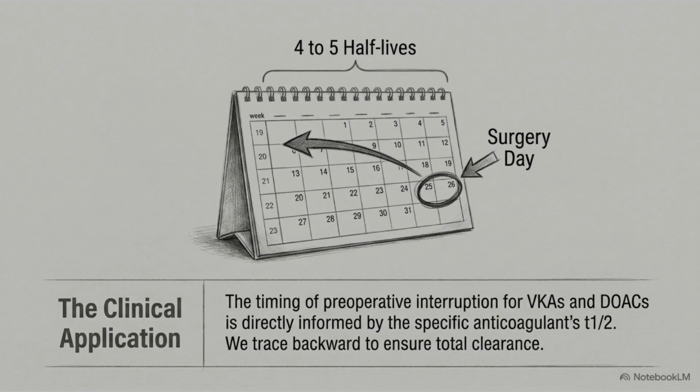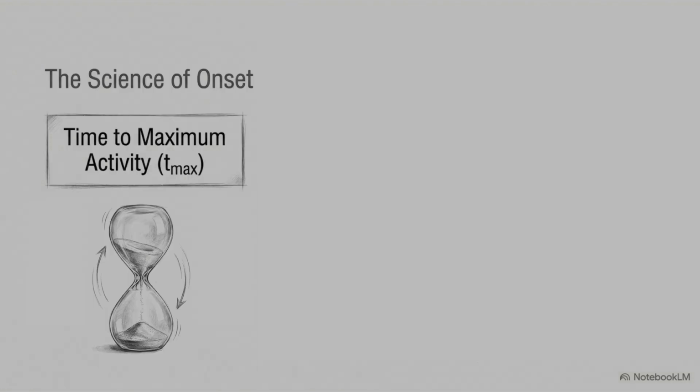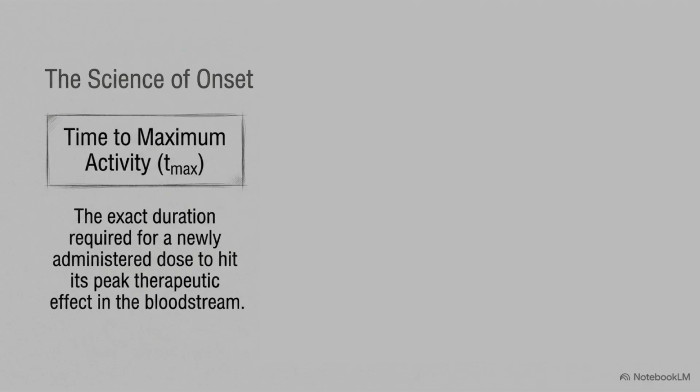So we talked about taking into consideration the half-life of a drug to decide when to stop treatment before the endoscopy procedure. So the procedure goes well, and then you have to decide when to restart the medication. When it comes to restarting, it is all about the maximum activity of the drug achieved after you start the medication.